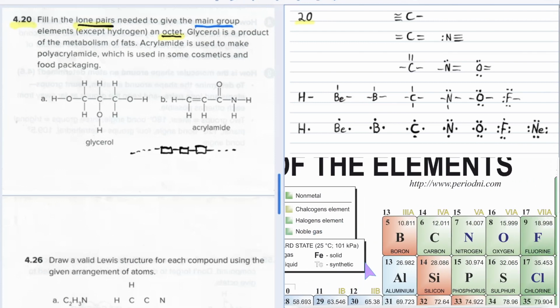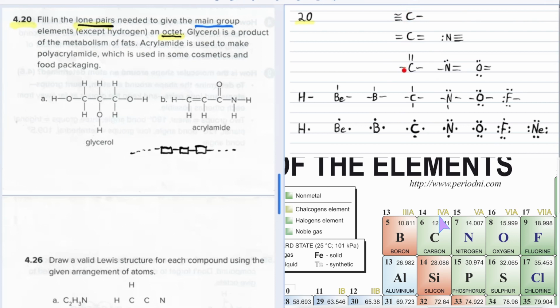You skip over these B elements. Boron's in group 3A. It has 3 valence electrons. It can form 3 bonds. Carbon is in group 4A. It has 4 valence electrons. It can form 4 bonds. Now these can be 4 single bonds, maybe 2 singles and a double, maybe 2 doubles, or maybe a triple and a single. So there's multiple ways in which carbon can do this.